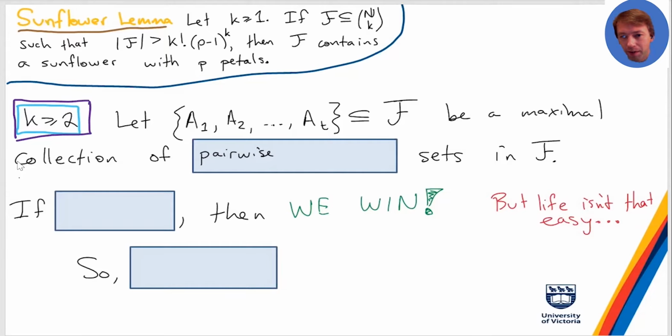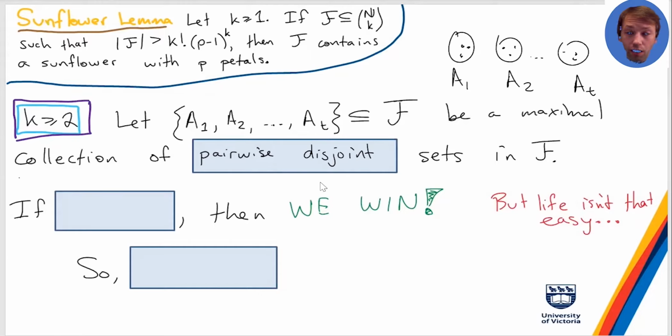So we're going to do that from the beginning. I take A1, A2, up to AT. I don't know what T is, but it's some number. And I make this a maximal collection of pairwise disjoint sets. So I take as many sets as I can with no intersection at all between them. One thing I can say, well, can anyone predict what I'm going to say here?